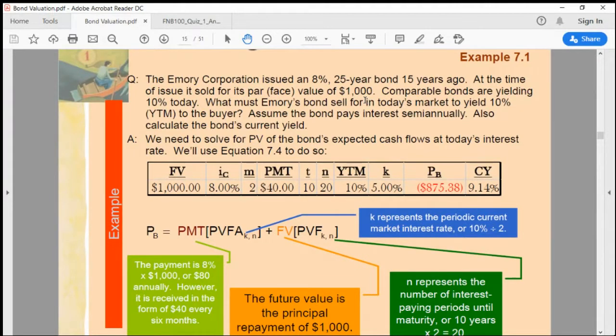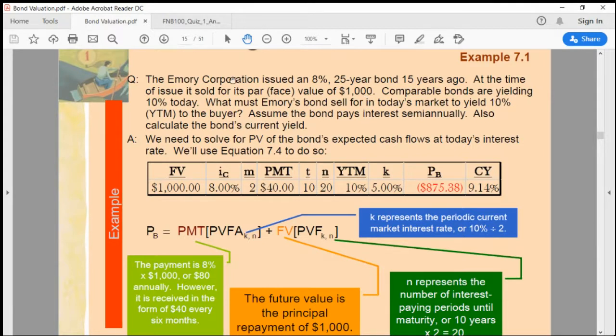If the discount rate and the coupon interest rate are the same, then the bond sells at par value. If the coupon rate is higher than the discount rate, then the bond will become a premium bond. And if the coupon rate is lower than the discount rate, it will become a discount bond.